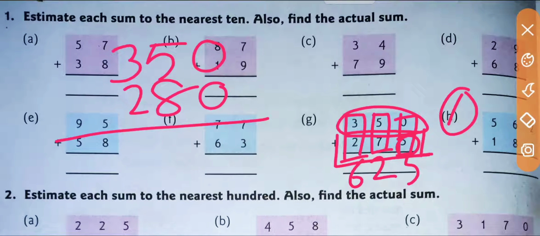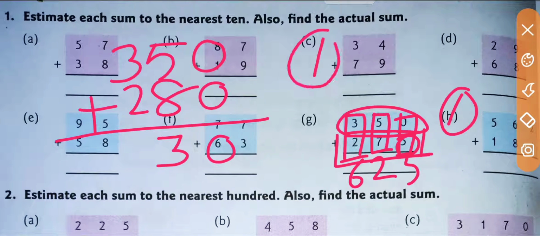Since at the place of ones there is 5, we have to increase the tens digit by 1. Because of that we have increased 7 to 8. So after addition we get 0 plus 0, and 5 plus 8 is 13, so there will be 3 and carry 1. And the next one, 5 plus this carry, so there will be 6. So 630. This is the answer.